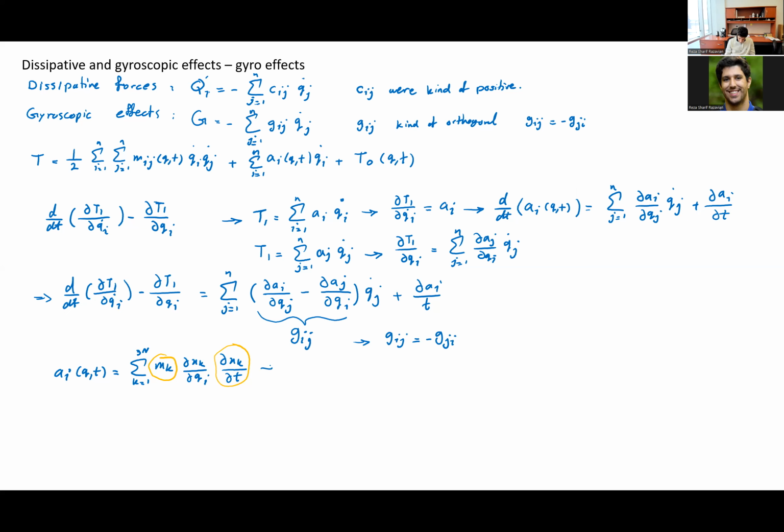So it must have some change with time. And this one tells us these gyro effects are some inertia effects.